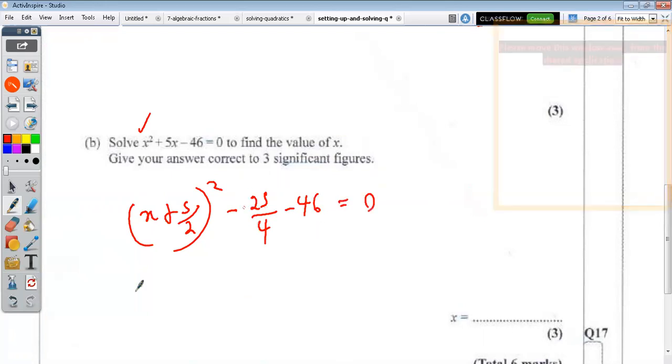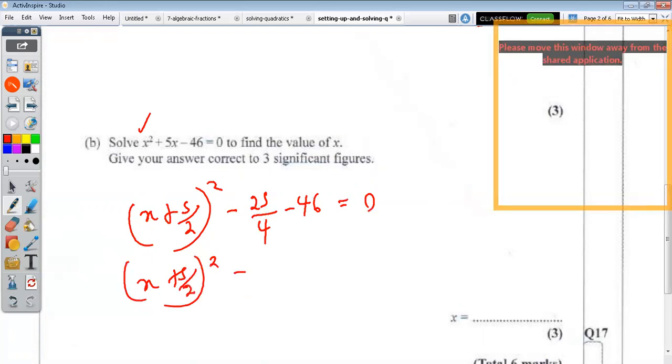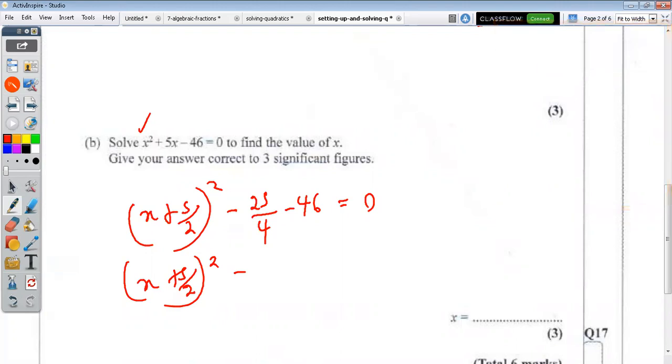What do you get there on the improper? x plus 5 over 2 all squared minus what? It should be over 4 definitely. What's the improper there? On the improper fraction. What do you get? It's minus what? Your calculators, are they working?